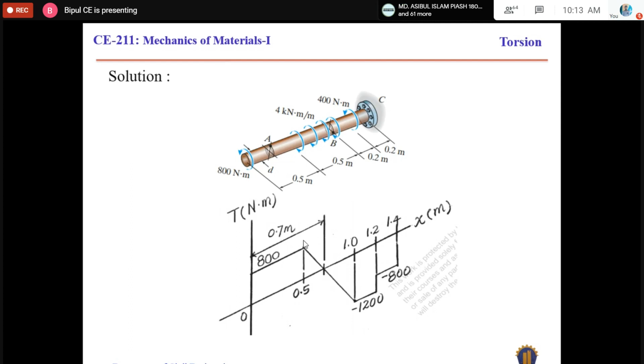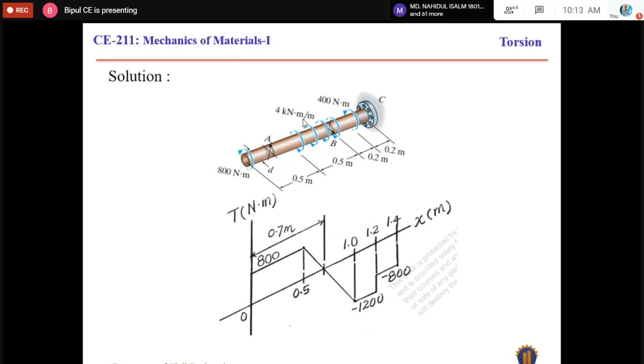So if we start from here and reach B, the total torsion will be 4 times 0.5. It is uniformly distributed. That means in 1 meter length, the applied torque is 4 kilonewton meter.